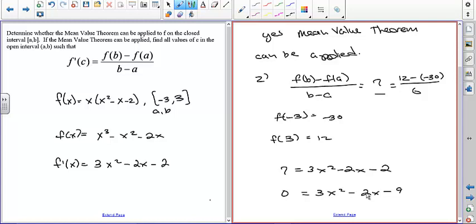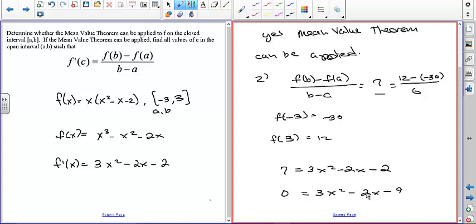You could use completing the square, which is kind of messy if you divide everything by 3, and then you'd have 2/3 and 9/3. Usually if it doesn't look obvious, I would just use the quadratic formula.